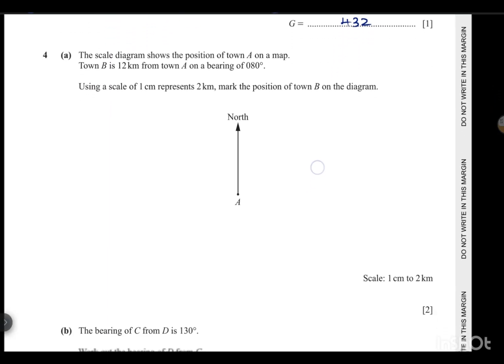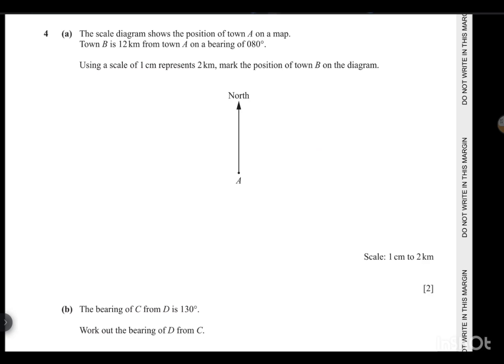Next, question number 4. A. The scale diagram shows the position of town A on a map. This is town A. Its position is given with a north line. Town B is 12 kilometers from town A on a bearing of 080 degrees.